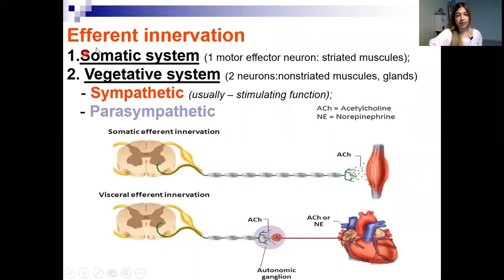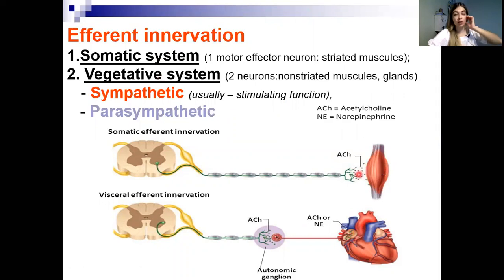So, looking at the efferent innervation, we know that there are two different parts: the somatic system and the vegetative system. The somatic system includes the nerves that control the movements of the skeletal muscles, and it includes only one motor neuron which goes directly from the CNS and reaches the affected organ, the skeletal muscle.